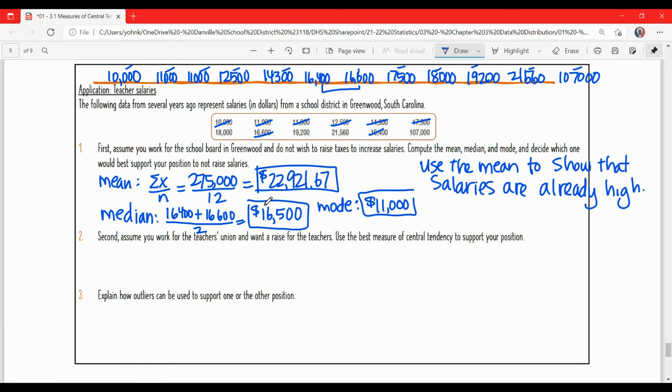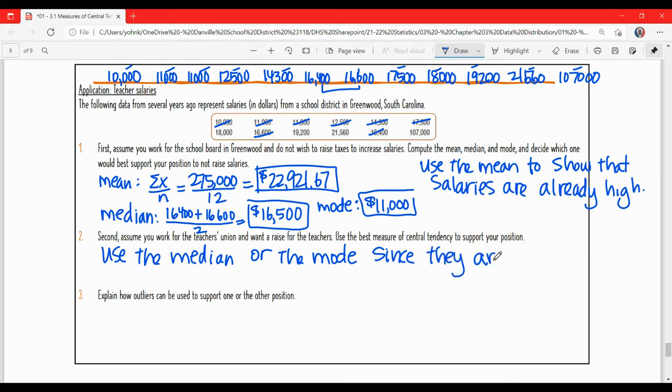Both of those are pretty low. So we could say use the median or the mode since they are the lowest values.